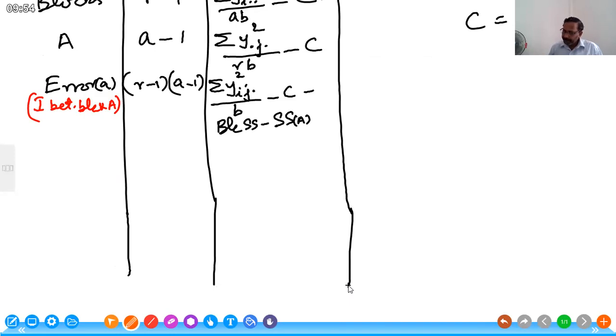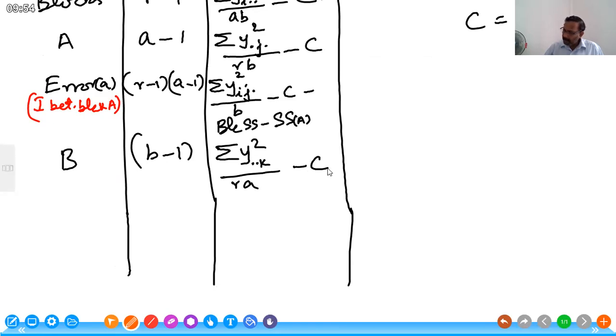factor B. So the degrees of freedom is obviously b minus 1. The sum of square is also easy. That is y dot k square divided by ra minus c. Then we come to the interaction between a and b.